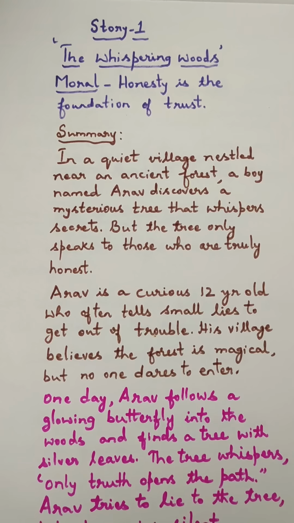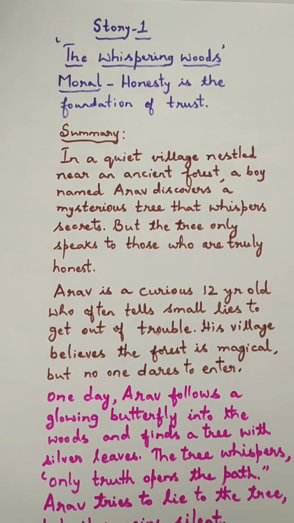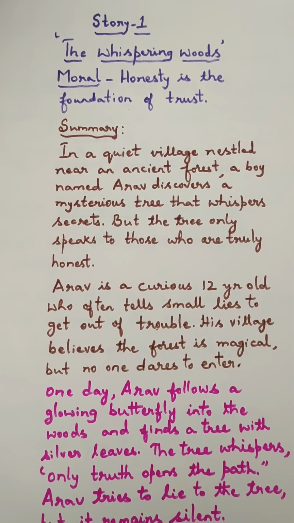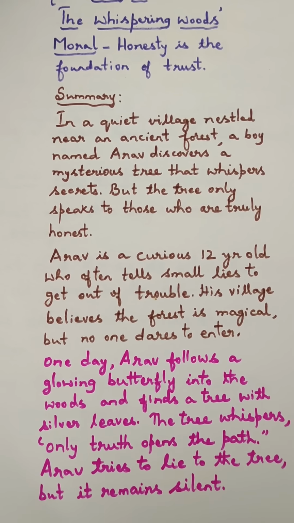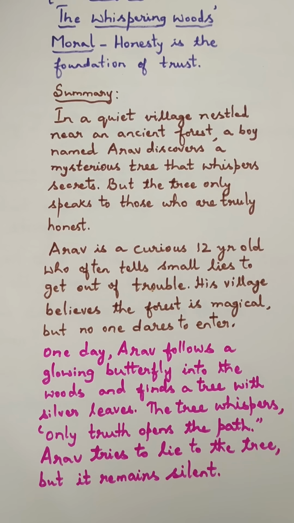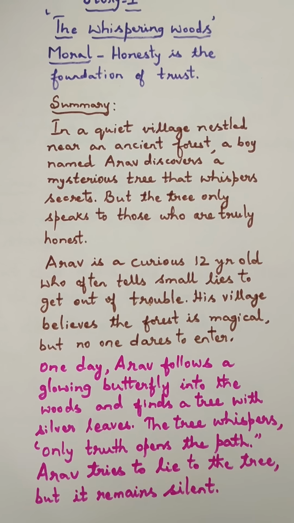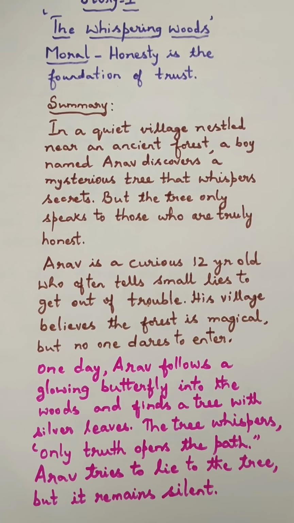His village believes the forest is magical, but no one dares to enter. One day, Arav follows a glowing butterfly into the woods and finds a tree with silver leaves. The tree whispers, "Only truth opens the path."